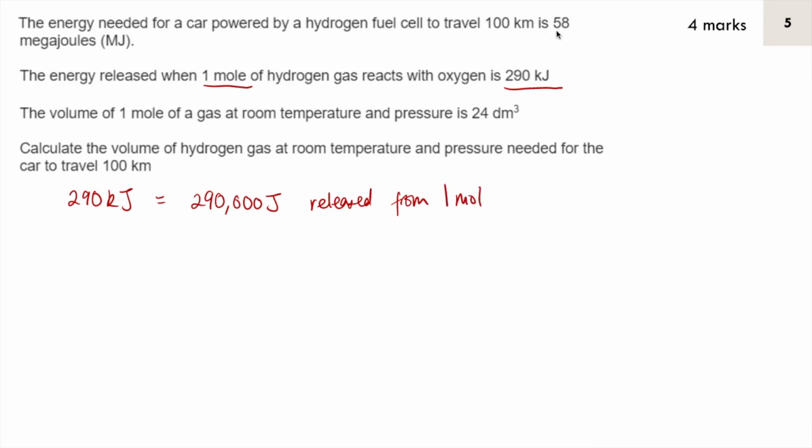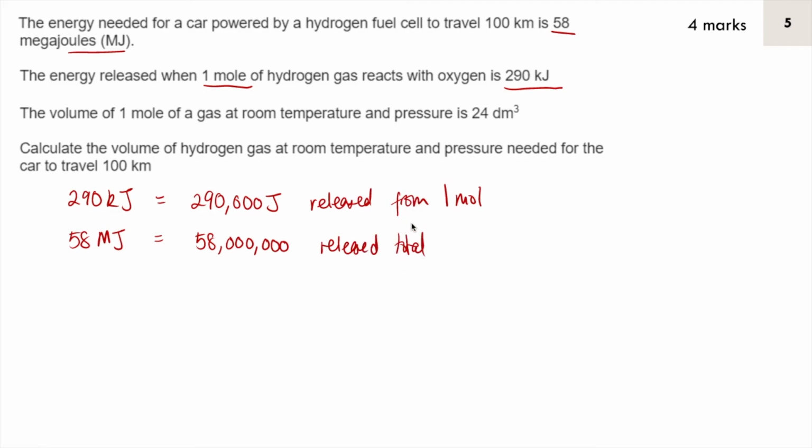Now the actual energy released is 58 megajoules. So 58 megajoules. So this number, to convert that to joules, I need to multiply by 1,000,000. So I'm just going to add 6 zeros on. So that's what's released in total.